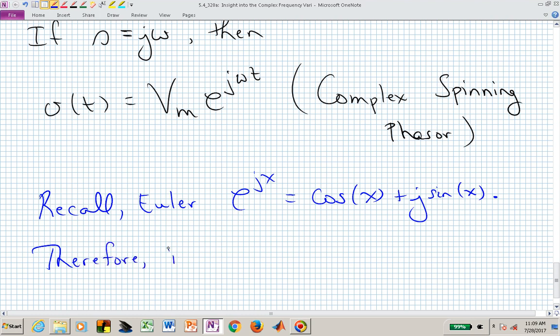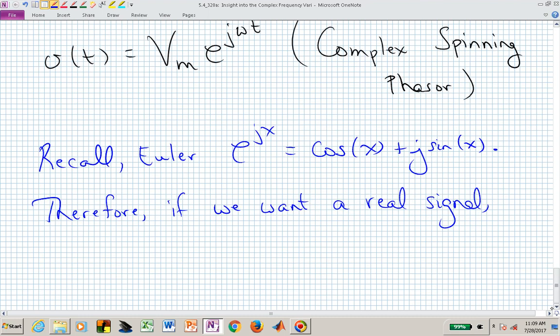Therefore, if we want a real signal from little v of t, then we could find that v of t by just taking the real component of v sub m e to the j omega t.